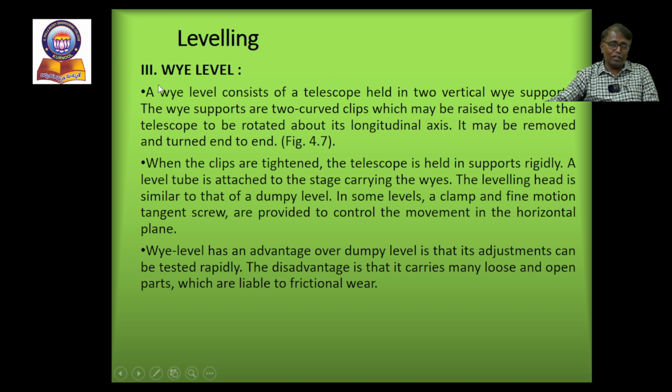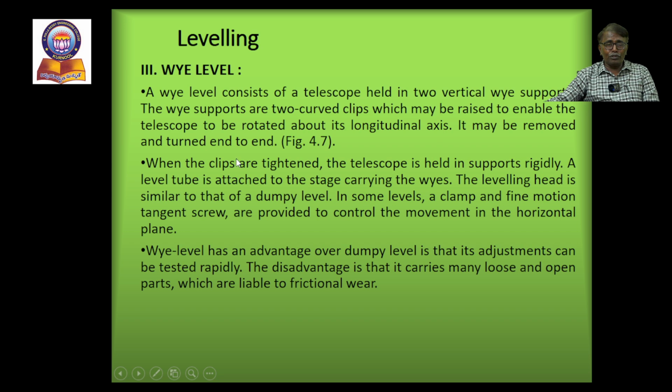Next is a Y level. A Y level consists of a telescope held in two vertical Y supports. The Y supports are curved clips which may be raised to enable the telescope to be rotated about its longitudinal axis.